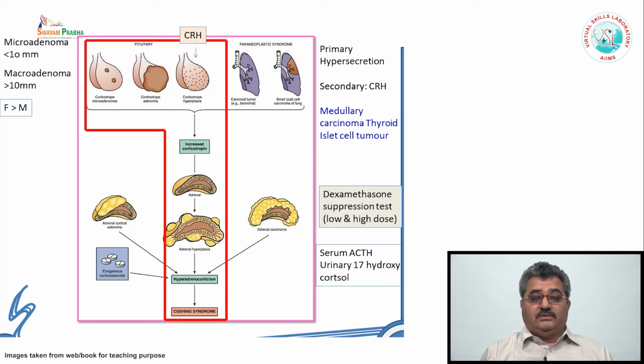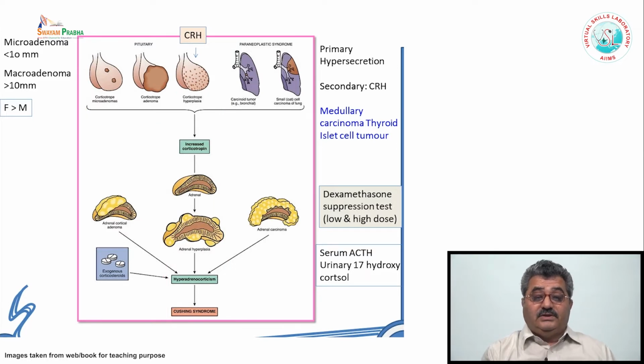You give low doses of dexamethasone, but it will not suppress the ACTH secretion. But when the doses are increased, what we call the high dose dexamethasone suppression test, then it suppresses the corticosteroids, which can be measured as a metabolite in the urine.